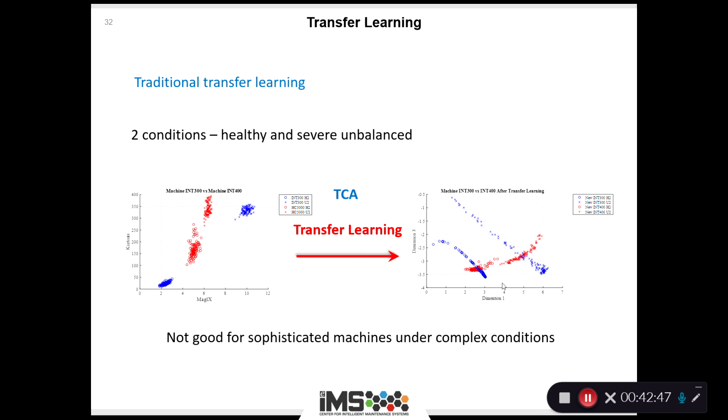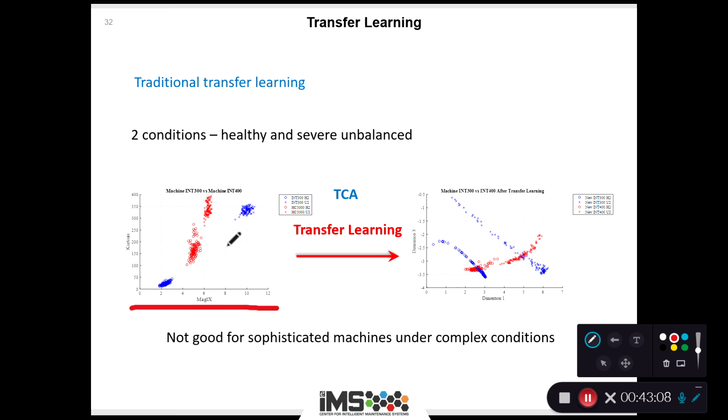One of the basic algorithms in transfer learning is the TCA. For a very simple task, it can achieve pretty good results. For example, here we got two domains, the red and the blue here. In the original data space, they are separated.